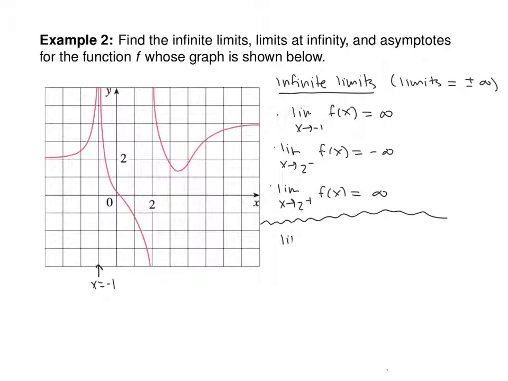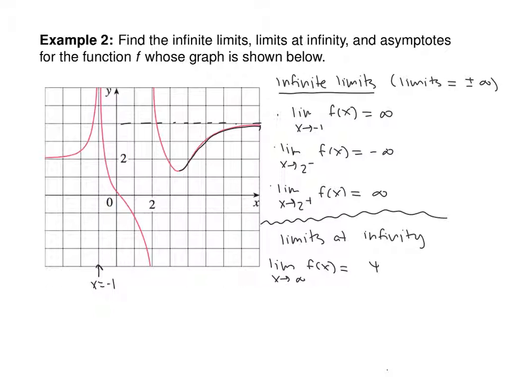How about the limits at infinity? That's what happens as x goes to infinity or negative infinity. So what's the limit as x goes to infinity of this function? 4. You can tell that because as you approach this way, you're approaching the line y equals 4.